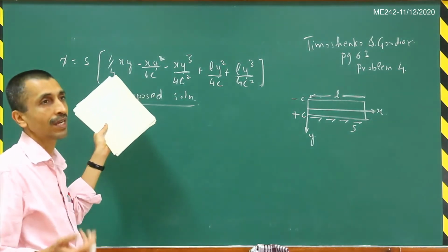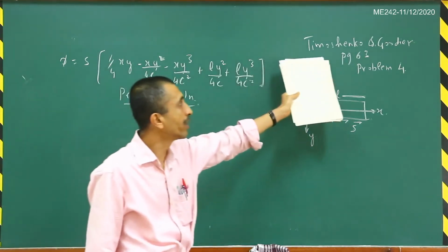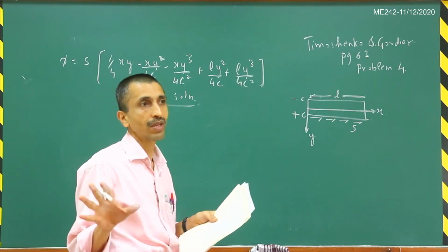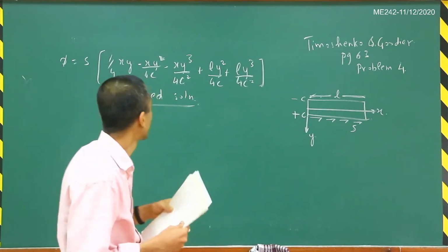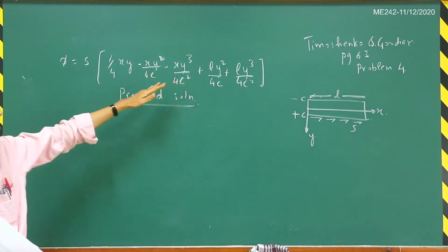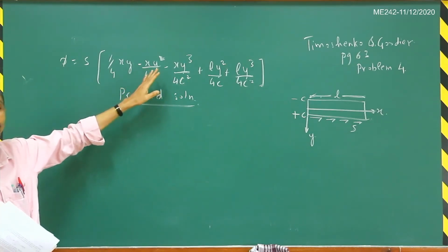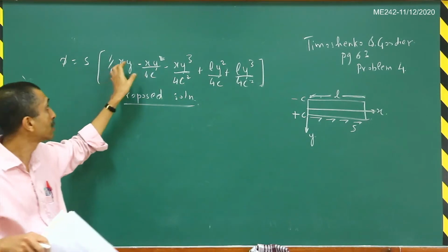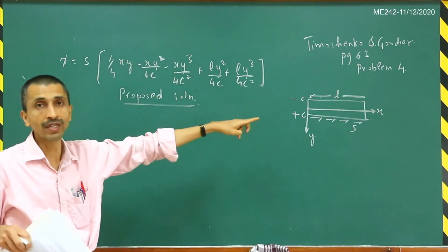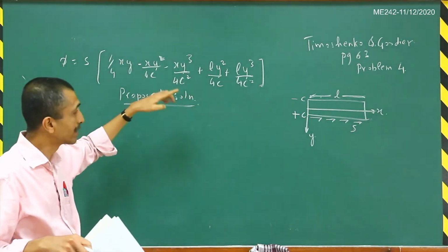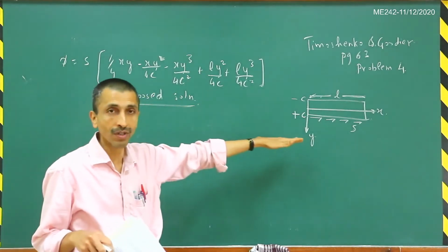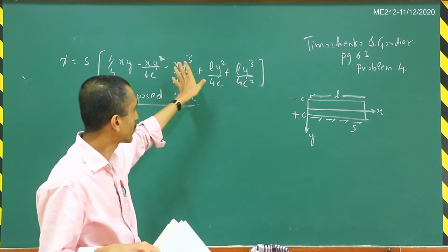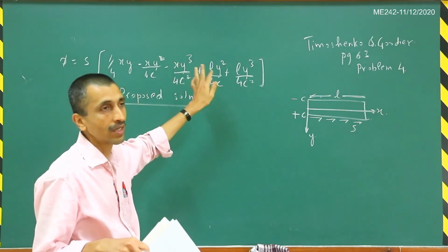Basically the way Timoshenko and Goodier found this particular function is that they just tried out a polynomial in x and y. They tried out various terms in the polynomial expression, and then adjusted these constants so as to satisfy the boundary conditions. But you will see that it satisfies most of the boundary conditions, but not all of them.